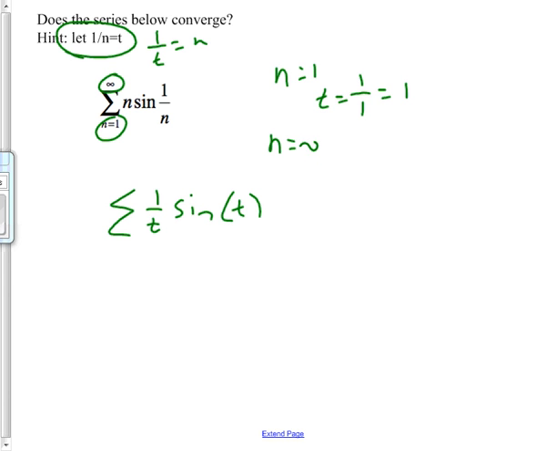And when n equals infinity, t would be 1 over infinity, which is 0. So this is going from t equals 1 to t equals 0.